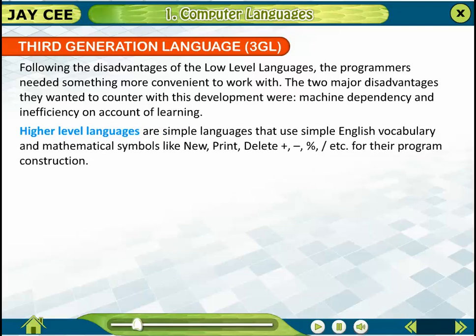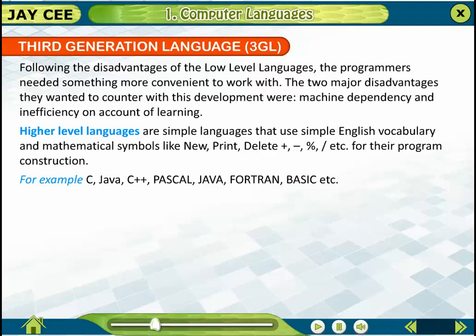Higher-level languages are simple languages that use simple English vocabulary and mathematical symbols like new, print, delete, plus, minus, percentage, slash, etc. for their program construction. For example, C, Java, C++, Pascal, Fortran, BASIC, etc.